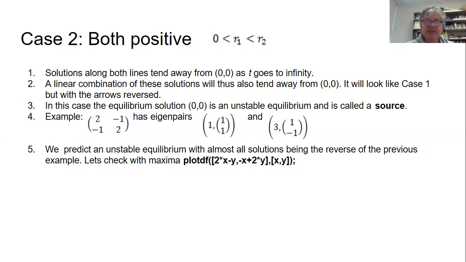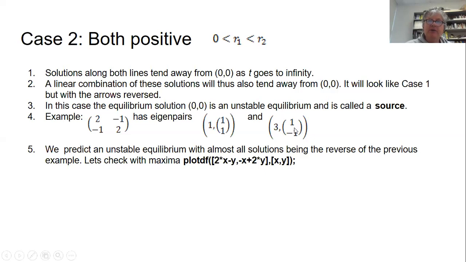The big difference is that the eigenvalues are now +1 and +3. Okay, so we're going to predict an unstable equilibrium with almost all solutions being the reverse of the previous example. And the reason why I say almost all is, of course, if I stick along the eigenvector corresponding to the smallest eigenvalue, I'm just going to stay on that line.